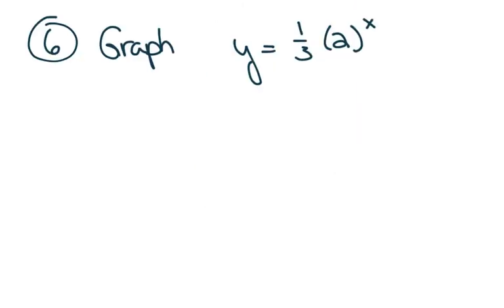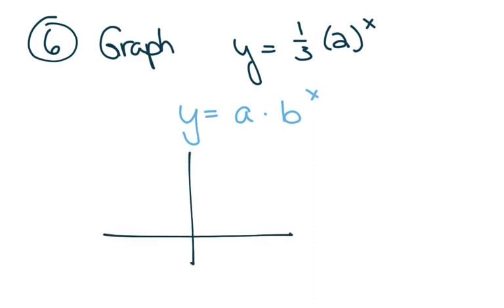Now, although you're not actually doing any graphing on the final, you may have to do some matching of graphs. So I want to tell you some stuff about exponential functions. The general function y equals a times b to the x has this shape if b is greater than 1.